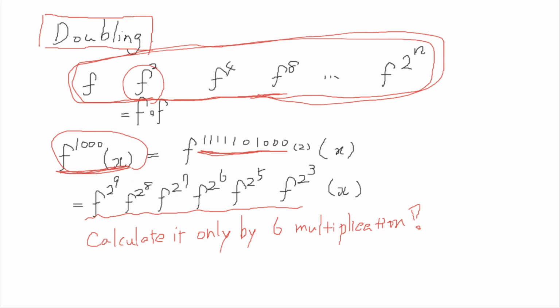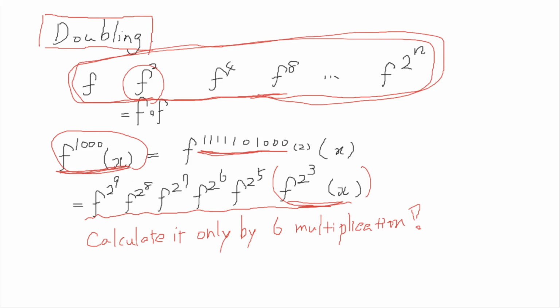Then we can calculate from the left. So we know the value of f to the 2 to the 3 of x, and then we know f to the 2 to the 5th, and so on.